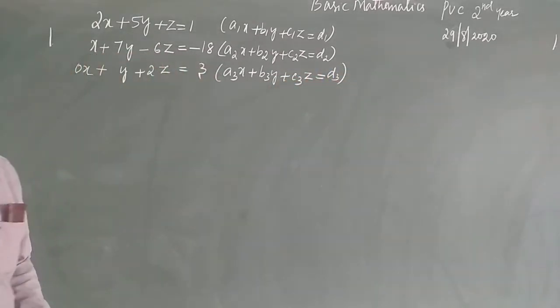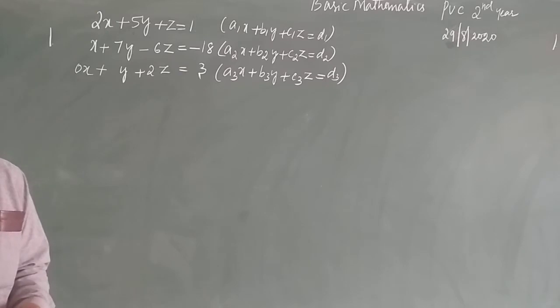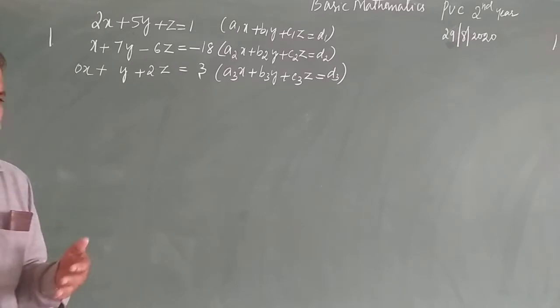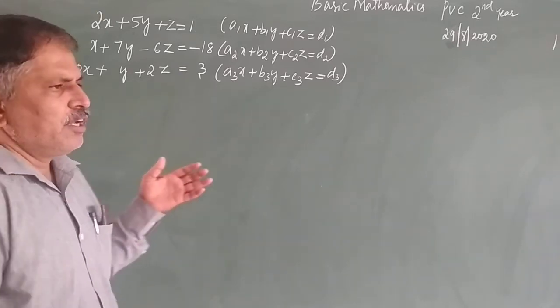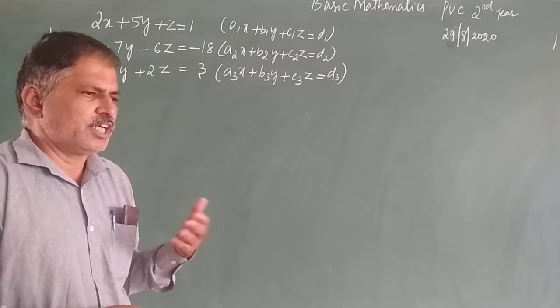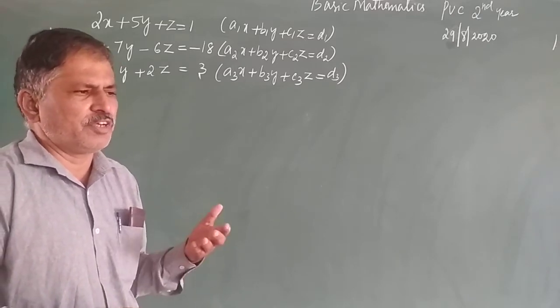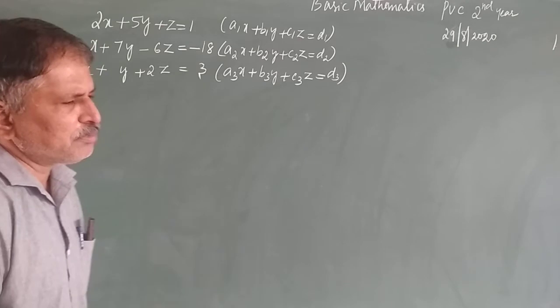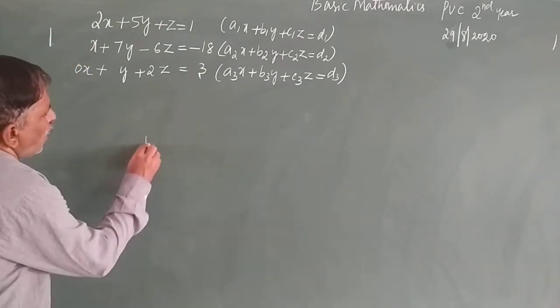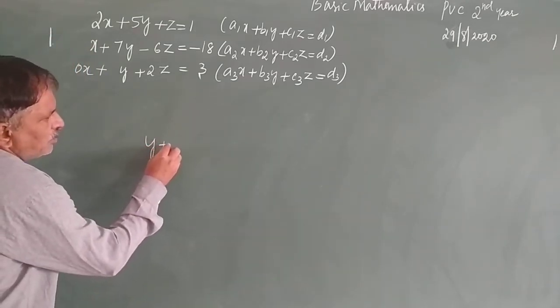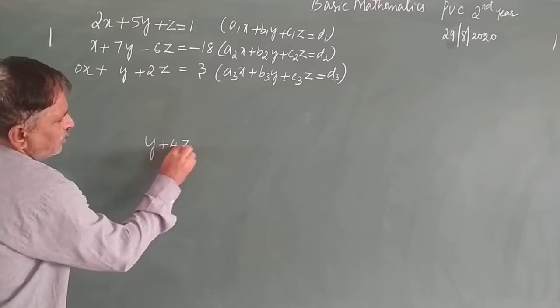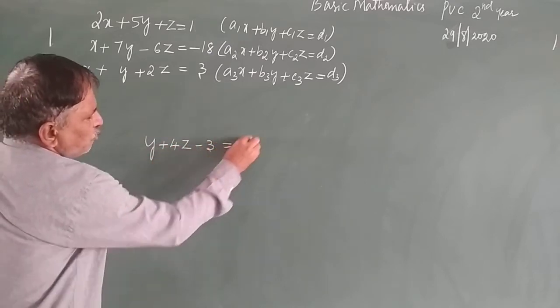See, sometimes what happens while setting the question paper, they may type or they may set the question paper with one equation wrong. Sometimes it so happens like y plus 4z minus 3 is equal to 9.